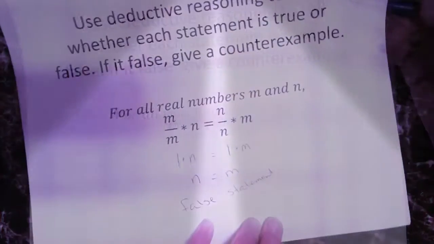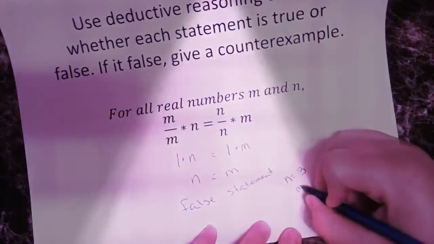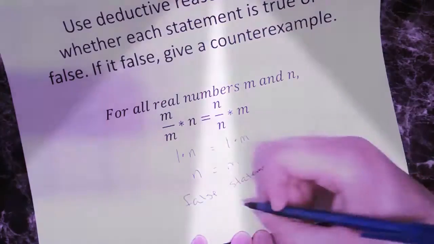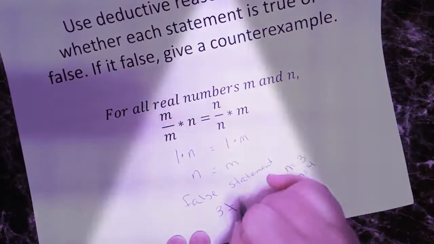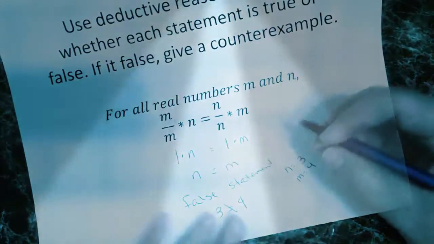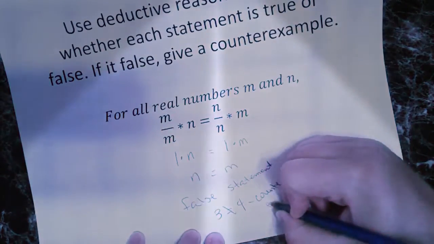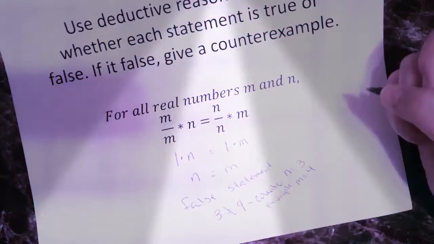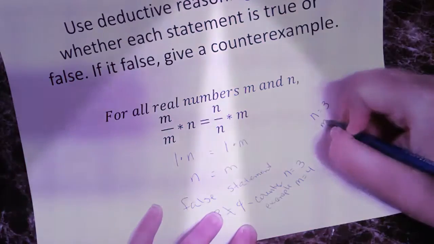An easy way of doing that is saying, hey, look, if I say n equals 3 and m equals 4, then, hey, is that true? No. So 3 does not equal 4. Now, some of you guys are going to say, well, I can say that n is 3 and m is 3.